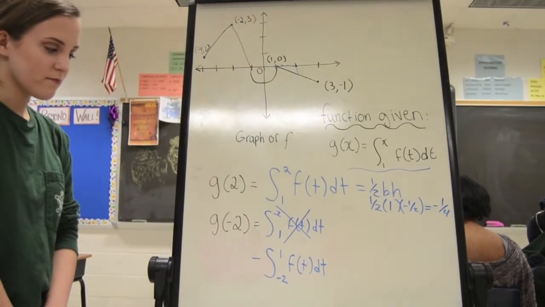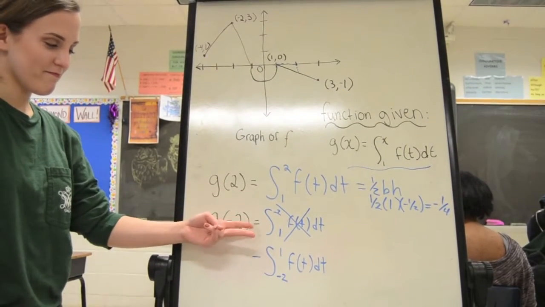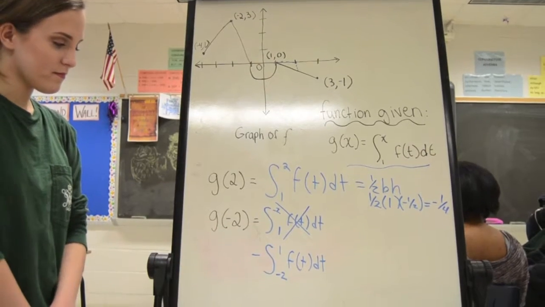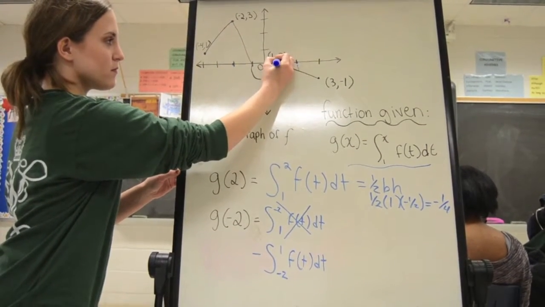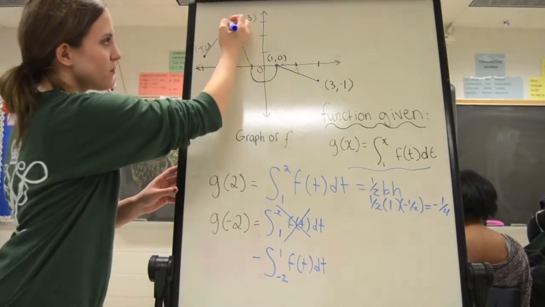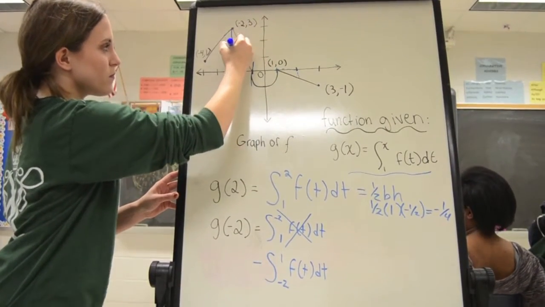Split the area into parts. First, we need to see that a triangle shape is from negative 2 to negative 1. So we can use area equals half the base times the height for this portion of the area.